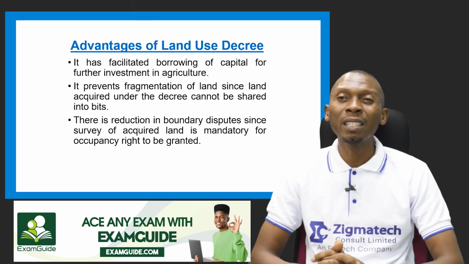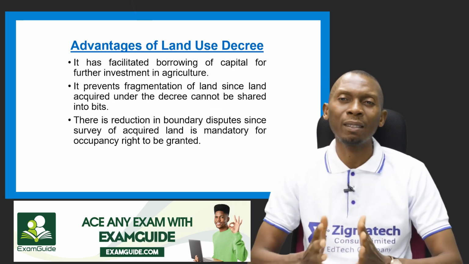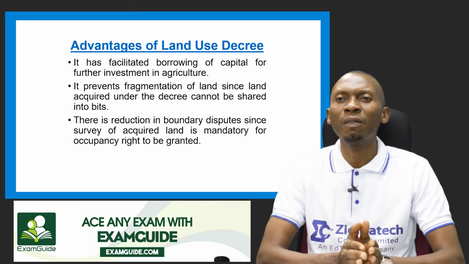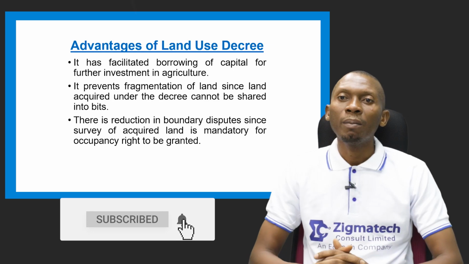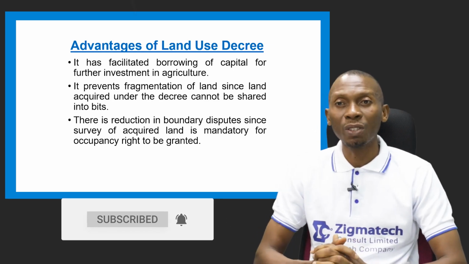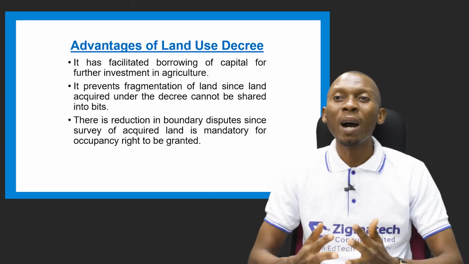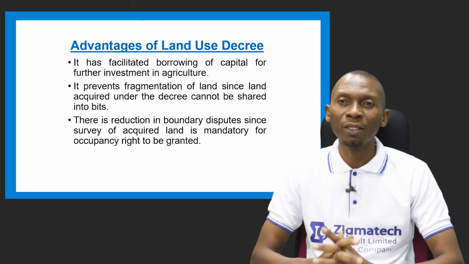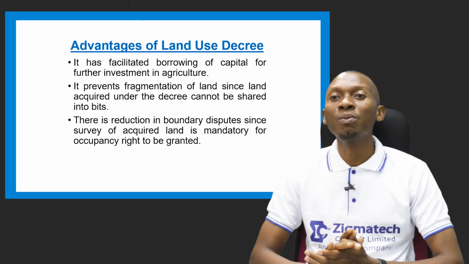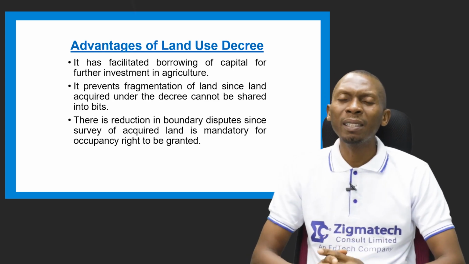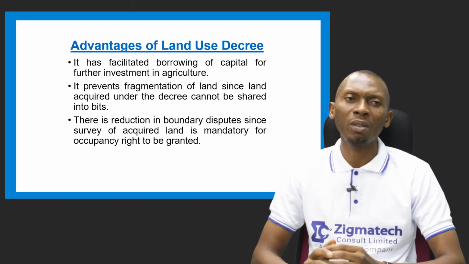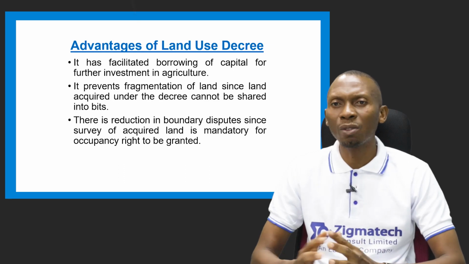And it also prevents fragmentation of land, that's breaking land into smaller pieces, because under this system, that's the land use decree, any land that is acquired here cannot be shared into bits. Now, there's also the reduction in boundary disputes, especially between communities, people claiming the land belongs to this community, this land tussle.